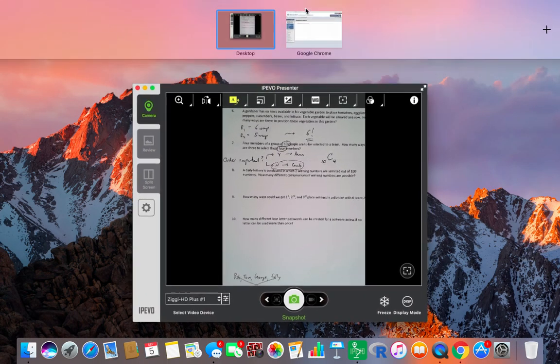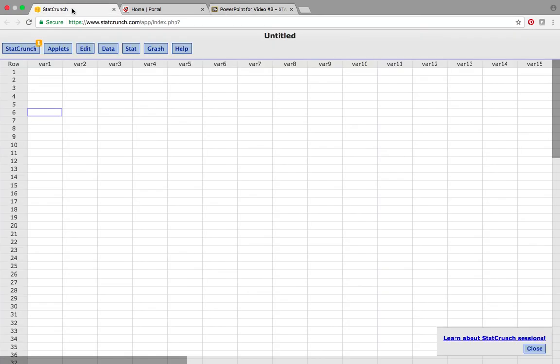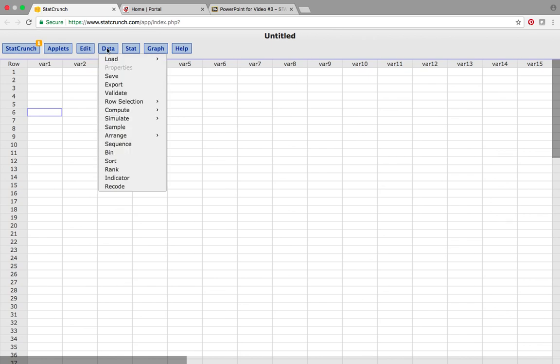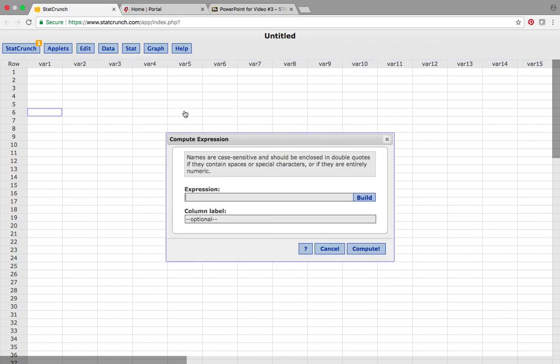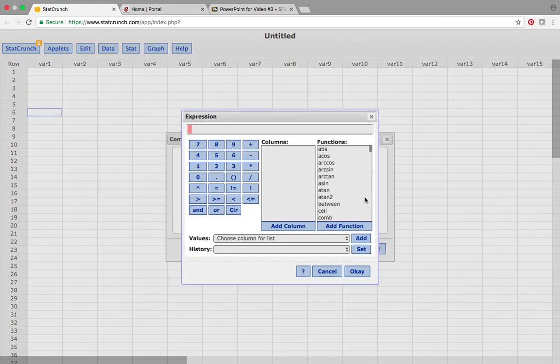Now, let's see how we figure that out using StatCrunch. So let me get out of here and go to StatCrunch. Okay, shoot, guys, I forgot how to do this. Okay, let's go to Data. Let's go to Compute, and let's do an expression. Now, what I want to do here is I have a combination, so I'm going to do COMB, and guys, I don't remember whether that's capitalized or not. I'll tell you what, let's just go build.